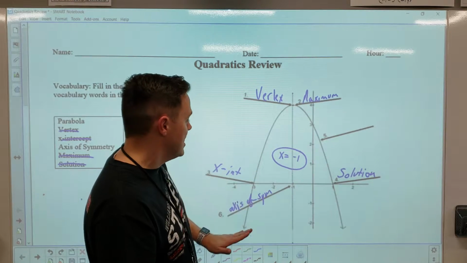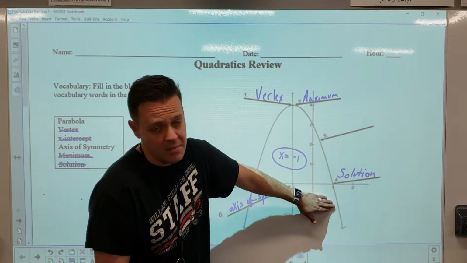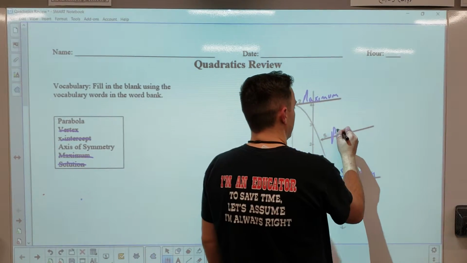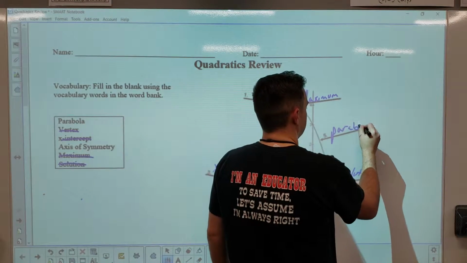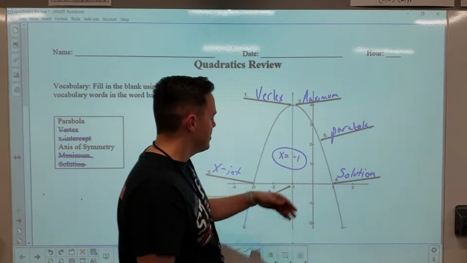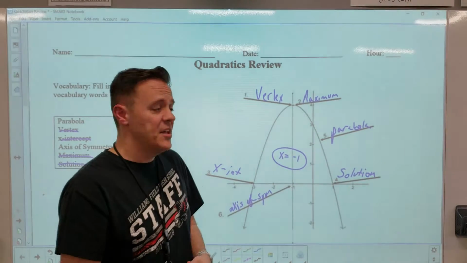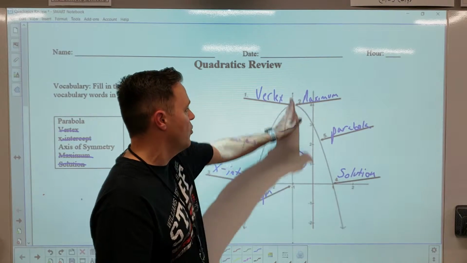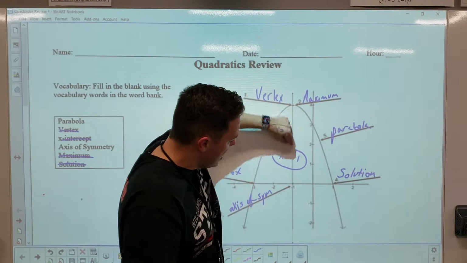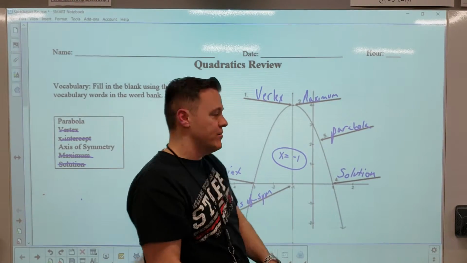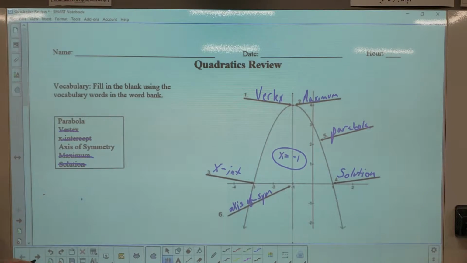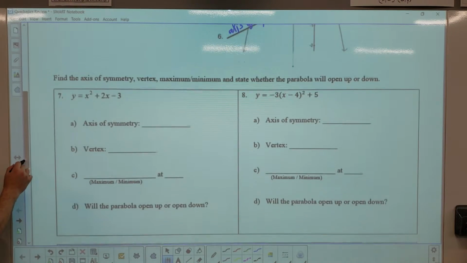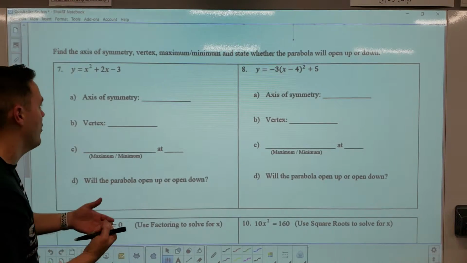Because if I were to go into Desmos and graph this parabola, that's the last word here, or quadratic equation, and then I put in x equals -1, you would get a vertical line that would pass right through the middle of the graph, and that's what the axis of symmetry is.